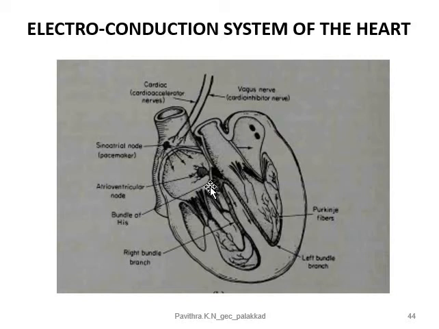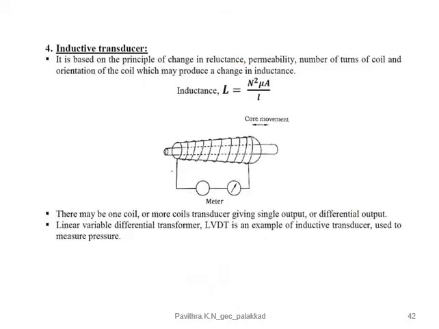These branches of fibers extending from the bundle of His are known as Purkinje fibers. When the impulse reaches the Purkinje fibers, the contraction of the ventricles takes place. So this is how the electrical signal conduction takes place inside the heart.